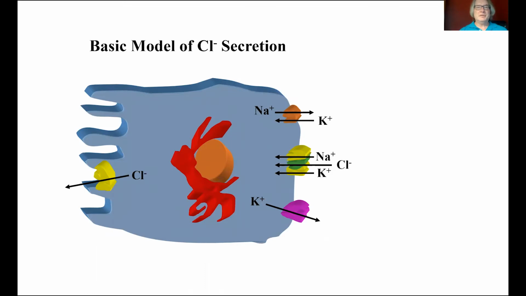So you've all seen the basic model of chloride secretion, of course, many times. But what I'd like to focus on is the role of the potassium channels in maintaining the electrochemical driving force for chloride exit across the apical membrane. My lab has been instrumental in understanding the role of KCa3.1, the calcium-activated potassium channel, in this process.